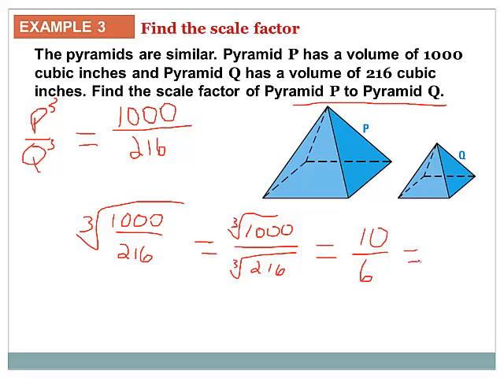However, I would suggest that you reduce it all the way down to 5 over 3. This is our scale factor for P to Q. We were given the volume, so that means we had P cubed to Q cubed. To get back to P over Q, we had to take the cube root of 1,000 over 216.